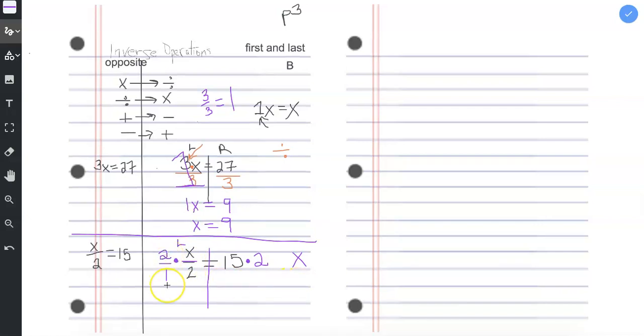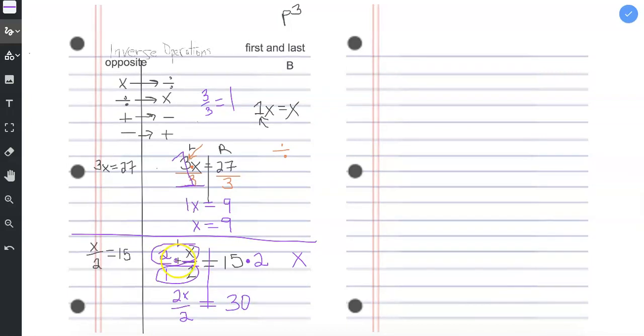I'm going to write 2 as a fraction. Then what happens here, when you multiply across, remember with multiplying fractions, you multiply across, and I get 2x in the numerator, and I get 2 in the denominator. I bring down the equal sign. 15 multiplied by 2 is 30.